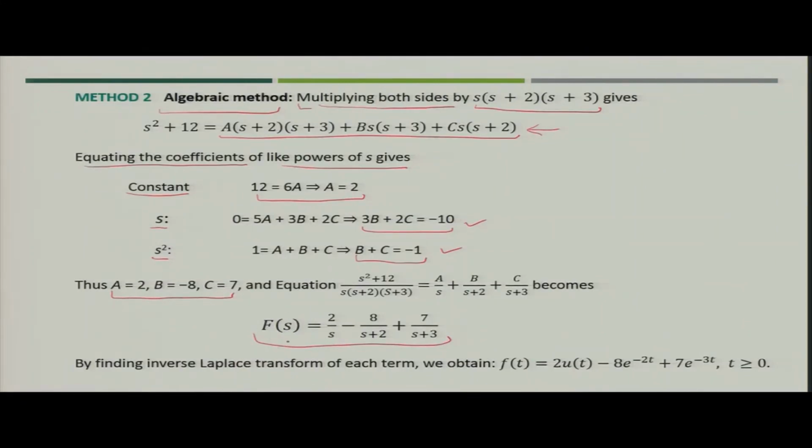And finally, for the given Laplace transform F(s), you can get the inverse Laplace transform by simply decomposing. You can easily say that the inverse Laplace transform of F(s) is 2 into unit step function minus 8 into e to the power minus 2t plus 7 into e to the power minus 3t, provided the time t is greater than 0, because this is applicable for t greater than or equal to 0.